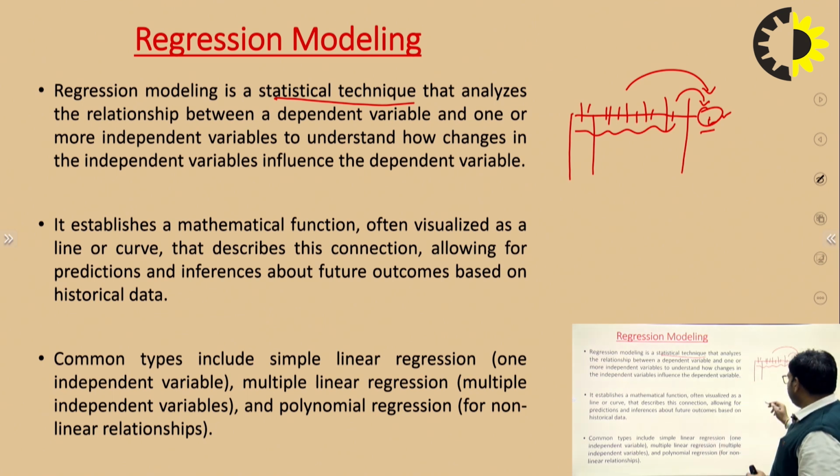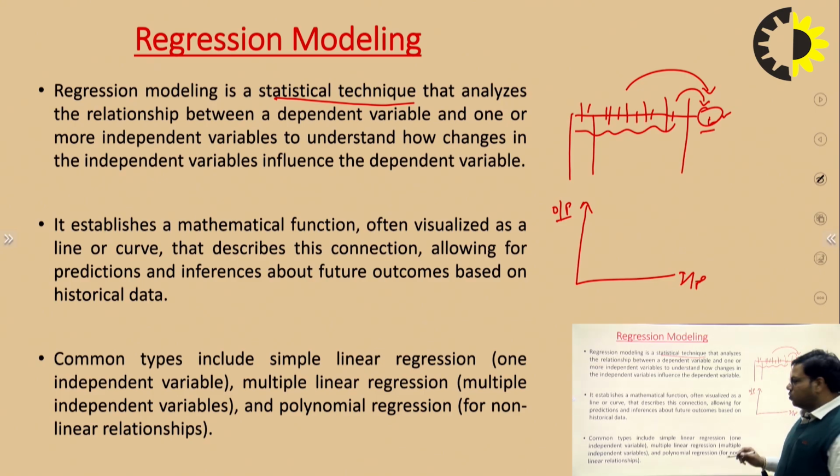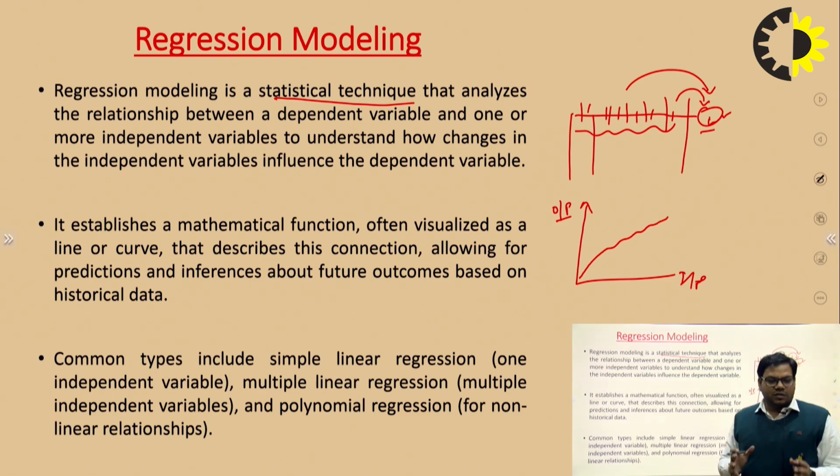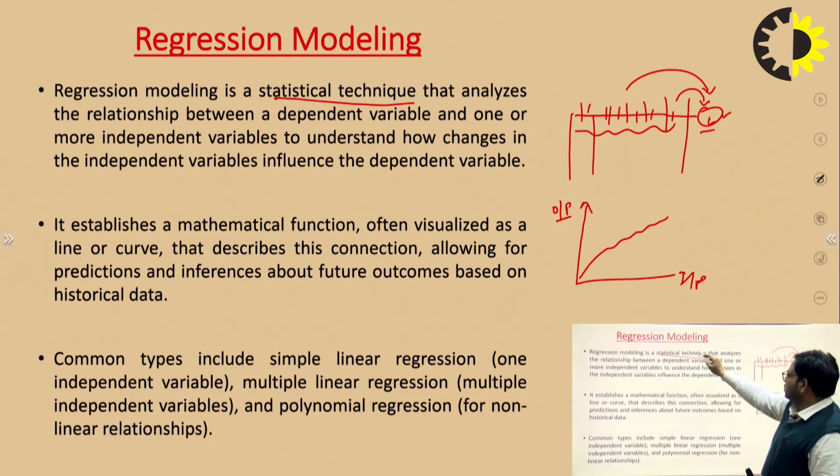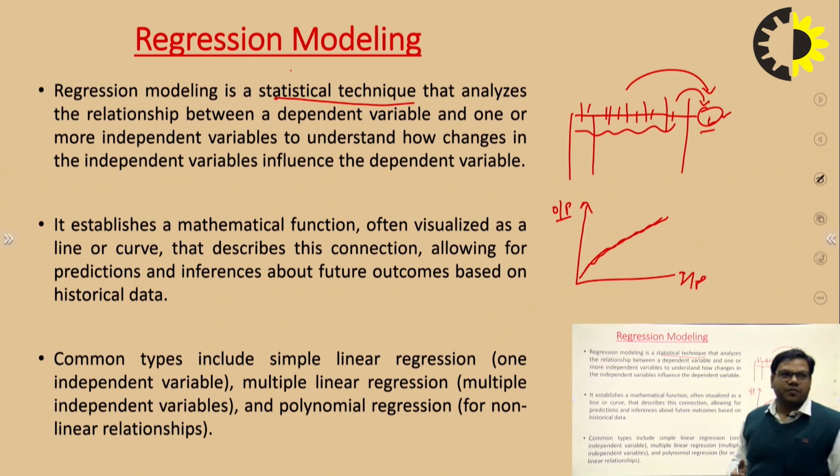If we have a relationship figured out, where this is your outcome and these are your input variables, and we are able to draw a relationship between them using a curve, that can be called regression modeling. On the basis of the characteristics of this curve, we can have multiple types of regression, which we are going to cover in the second slide.